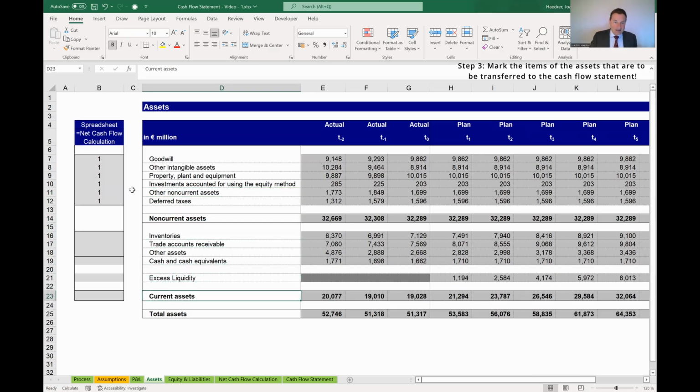On the current side, we have to be a bit careful. We use the ones that are being used in the net working capital, and among these are inventories, trade account receivables, as well as other assets.